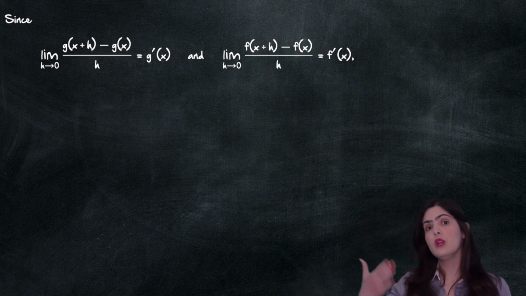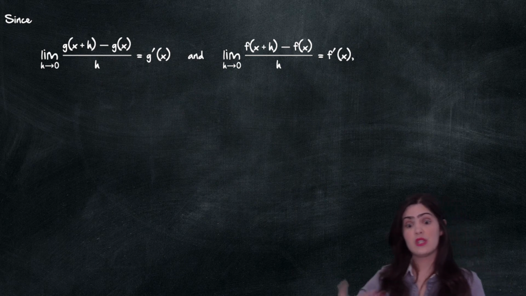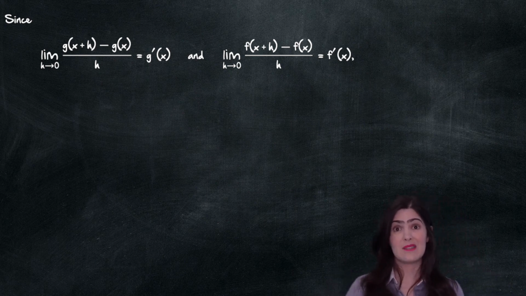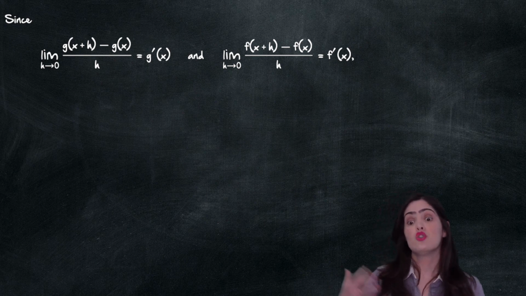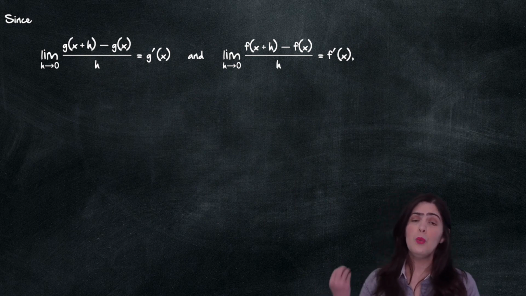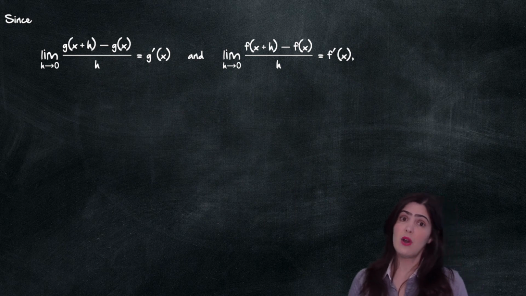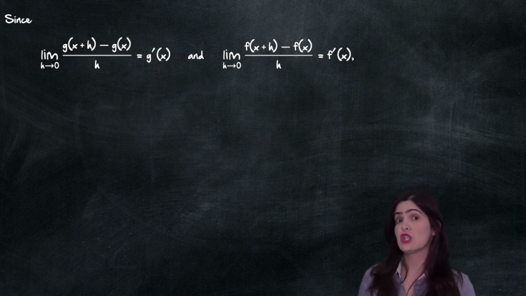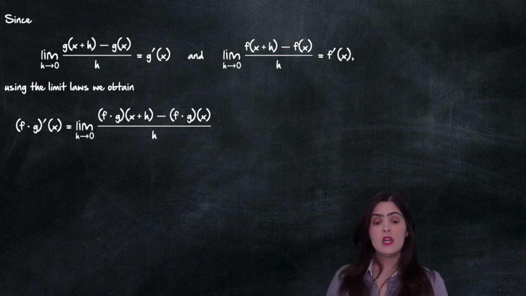As I said, we know that the limit as h approaches 0 of g of x plus h minus g of x over h is g prime of x. We know that the limit as h approaches 0 of f of x plus h minus f of x over h is f prime of x.